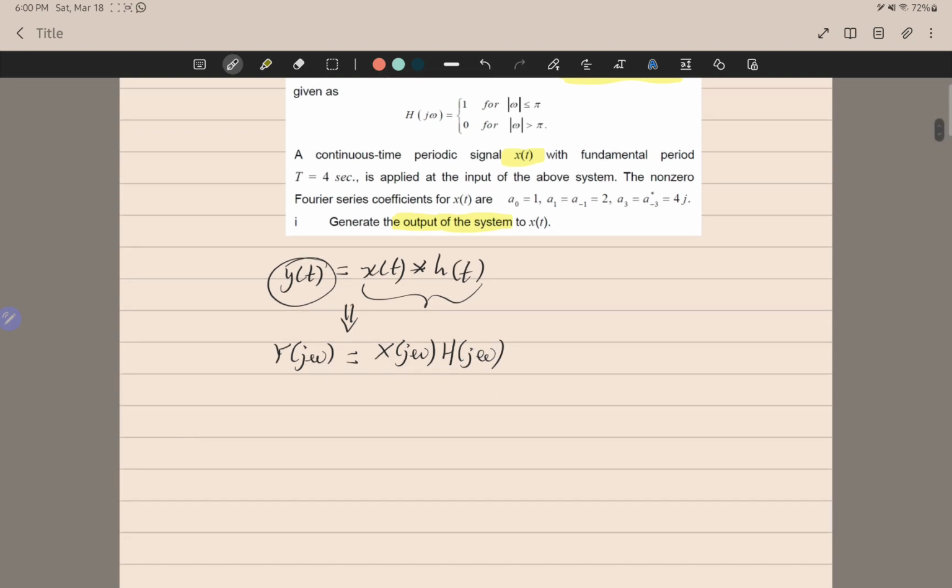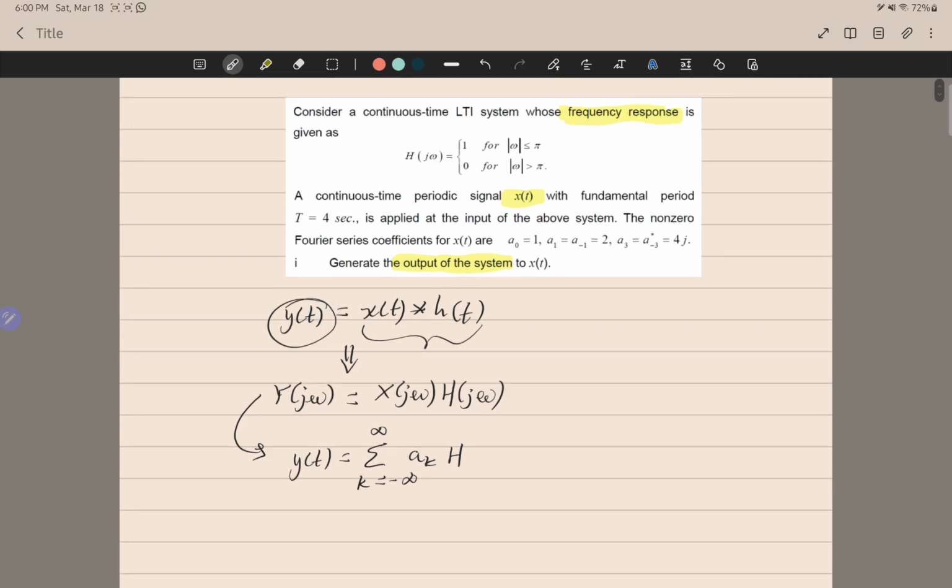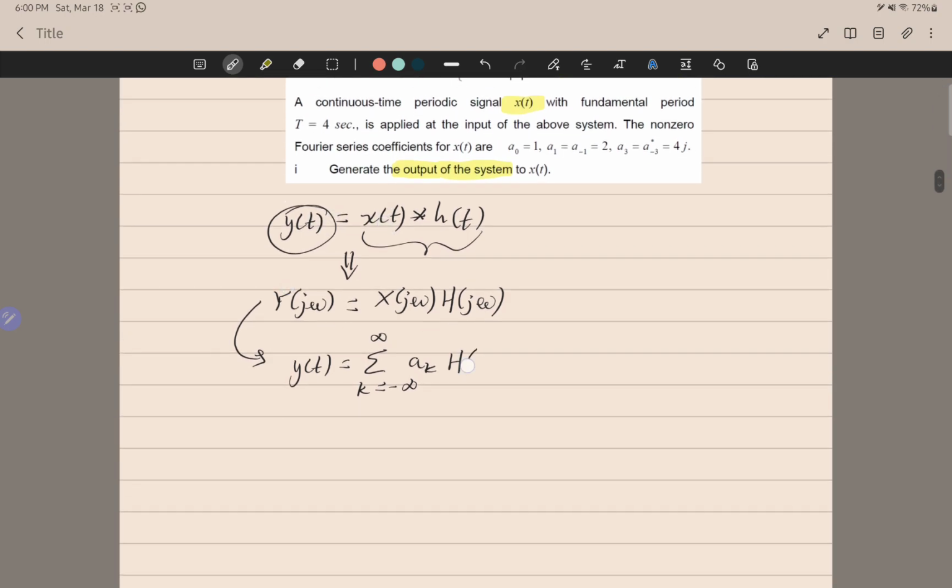So from this relationship, we get the formula y of t is equal to the sum from k equals negative infinity to infinity of a k multiplied by the frequency response, big H j omega, substituting j omega with j k omega 0, multiplied by e to the power of j k omega 0 t.